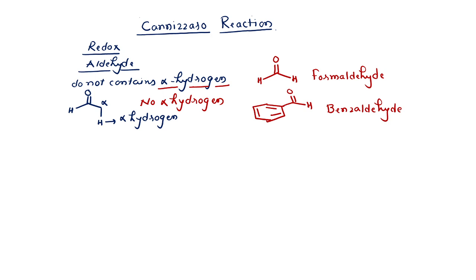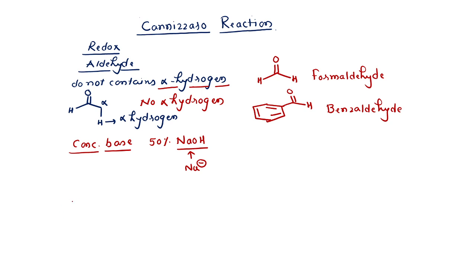As they do not contain alpha hydrogen, they show the Cannizzaro reaction. In the Cannizzaro reaction, another most important thing is that you require a concentrated base. The conditions are opposite to the aldol condensation reaction. First of all, you know that a concentrated base will act as a nucleophile.